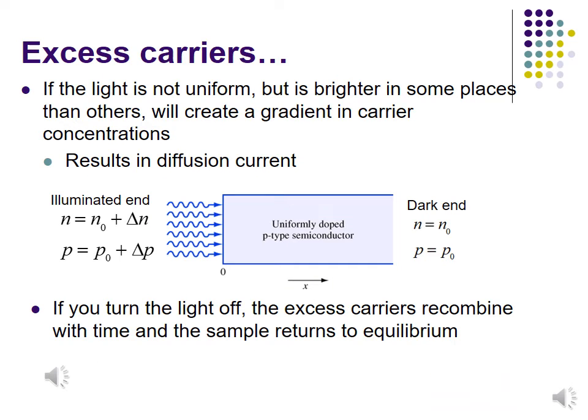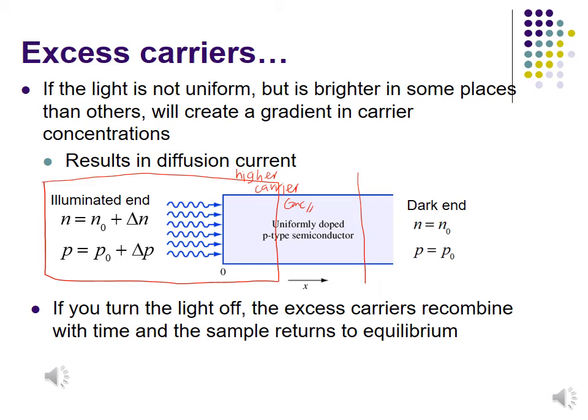If all of the material is under the light, then the excess carriers are uniformly generated. However, if the light is only shined at one point, for example, as shown in this figure, the excess carriers are only generated at that particular point. The carrier concentration at that point will become N equal to N naught plus delta N and P equal to P naught plus delta P. This will induce variation of carrier concentration and further induce diffusion current.